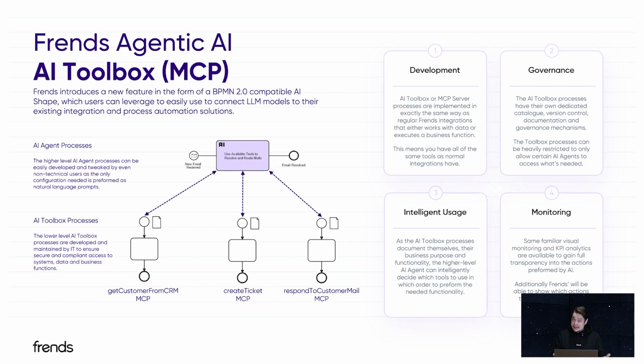But what does the AI toolbox approach or the MCP context within an iPaaS actually practically mean? It means that if you remember the previous examples we went through, where we still modeled out the integration flow, it still is a deterministic approach because we are telling the AI exactly what it should be doing, and we are governing all of the steps around the AI in a very deterministic pattern.